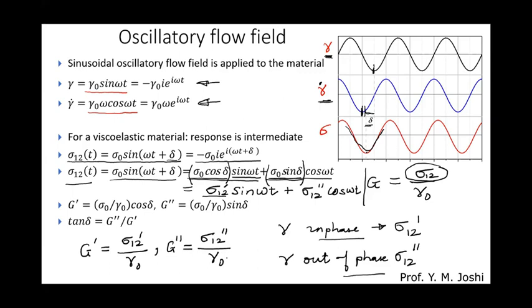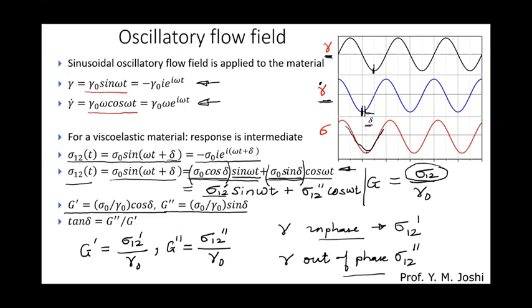But what is sigma 12 prime? Sigma 12 prime is nothing but sigma 0 cos delta, while sigma 12 double prime is sigma 0 sine delta, as is very clearly shown over here. So therefore our G prime becomes sigma 0 by gamma 0 cos delta, while our G double prime becomes sigma 0 by gamma 0 sine delta.